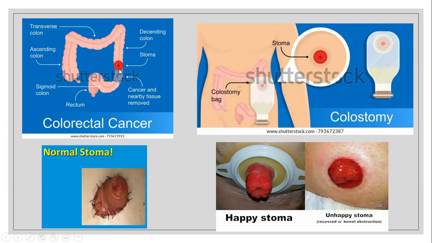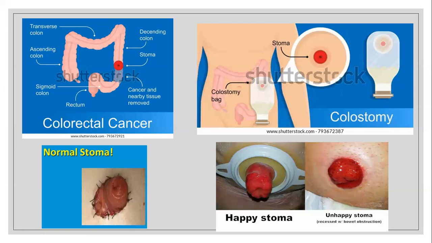It looks like this and is called a stoma. Here is a normal stoma, and this is a colostomy bag. The artificial opening in the abdominal wall bypasses the damaged part of the colon. So this one is a healthy stoma, and this is unhealthy. So ostomy care is important to know.